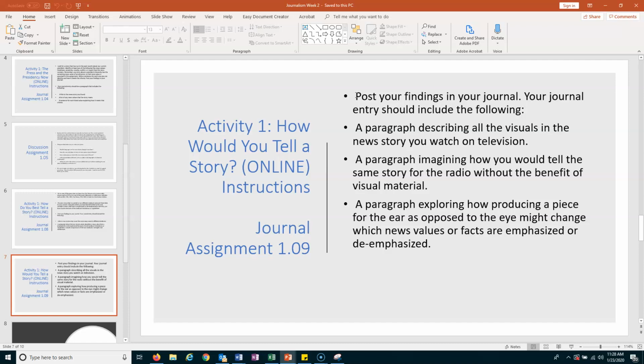Then you're going to have another brief paragraph exploring how producing a piece for radio, for the ear, or even a podcast, might change which news values or facts would be emphasized or de-emphasized. So basically, you're just going to tell me what you would have to change to make it radio, or what you would have to lessen or add more of.